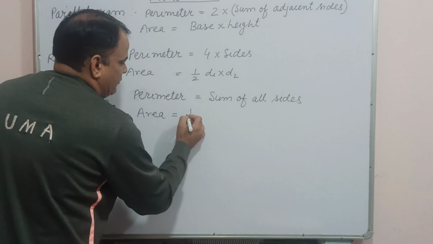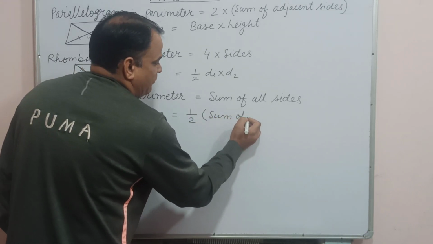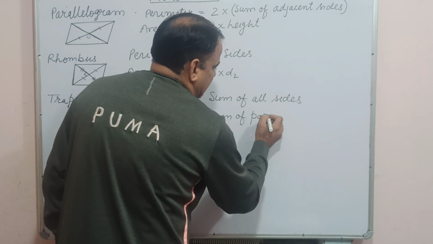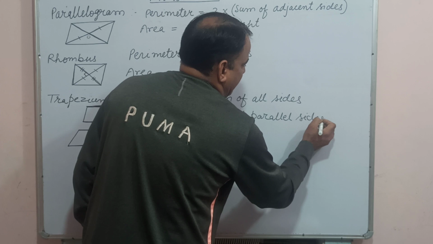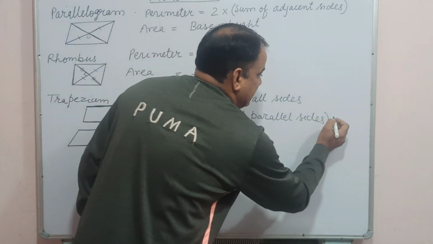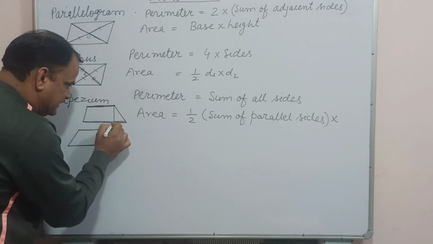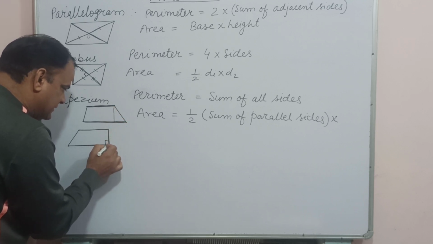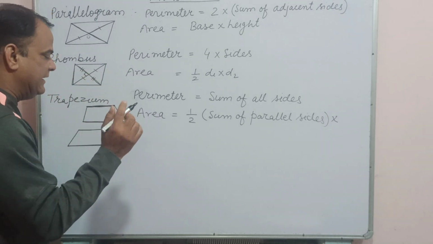Area equals 1 upon 2 times the sum of parallel sides into the distance between these two sides. This is the distance. Distance is calculated when the angle is 90 degrees.